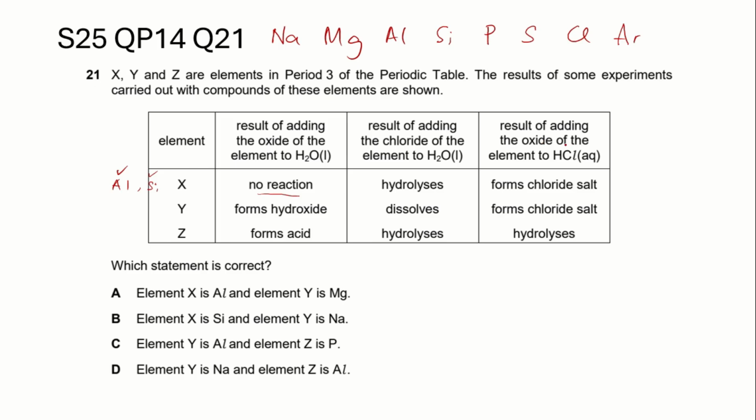Oxide of the element added to acid forms chloride salt. Oxide of the element, we have aluminium oxide and also silicon dioxide. Now among these two oxides, silicon dioxide is weakly acidic, so it will not react with HCl.